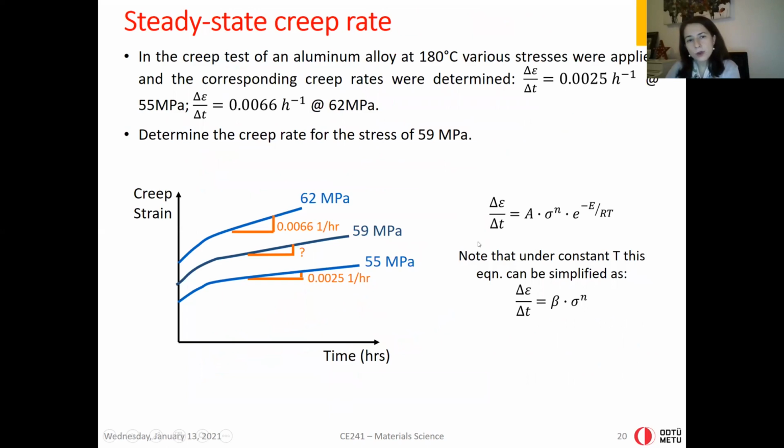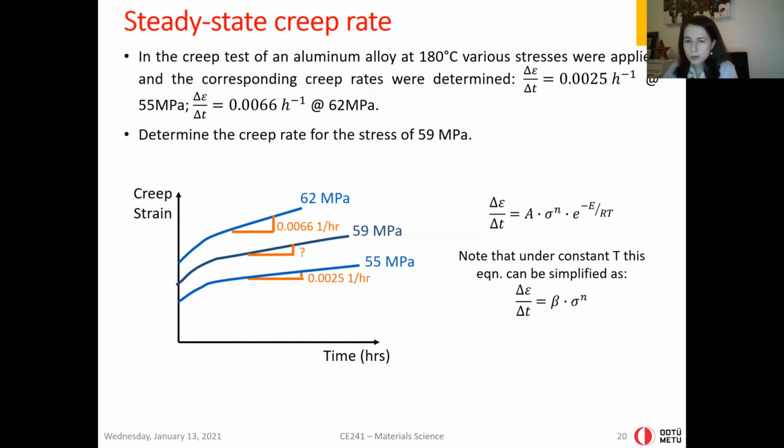So let's go over a steady state creep rate question. Please also pause your video before answering this question. In the creep test of an aluminum alloy, we are now at 180 Celsius. We apply various stresses and we check the steady state creep rates.